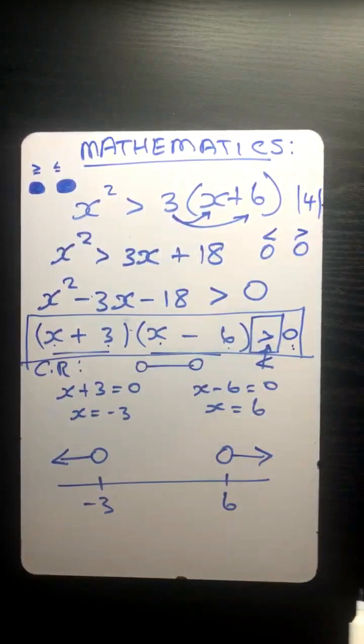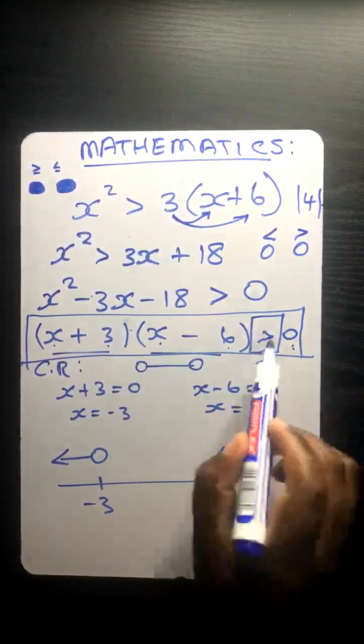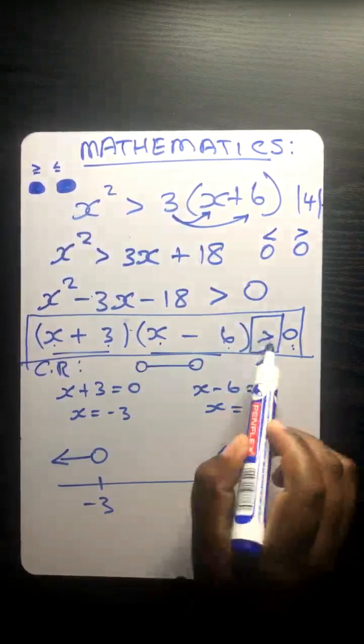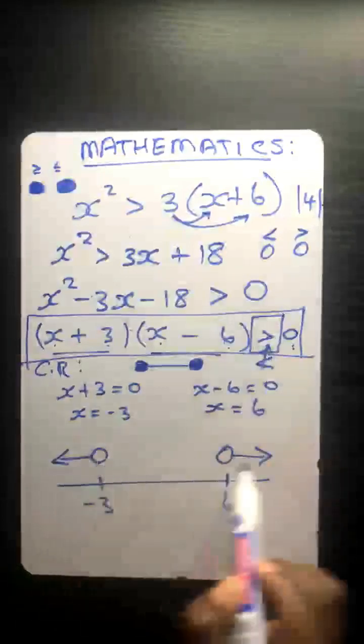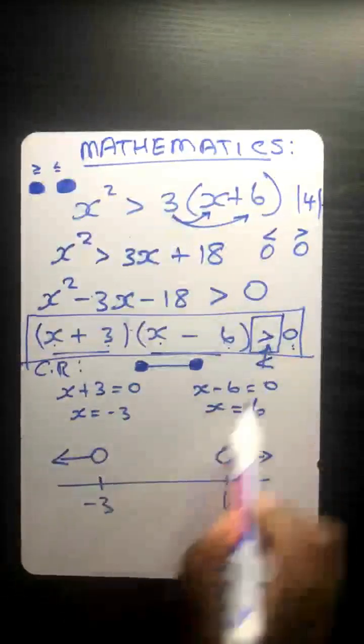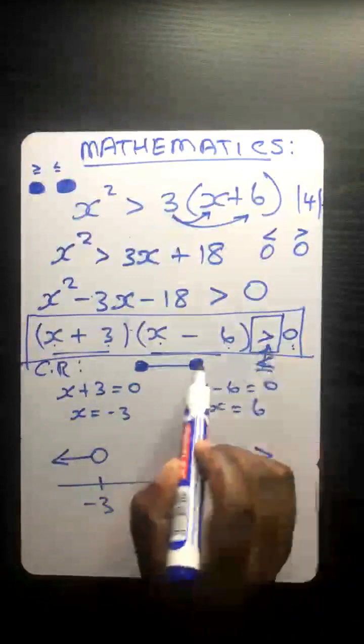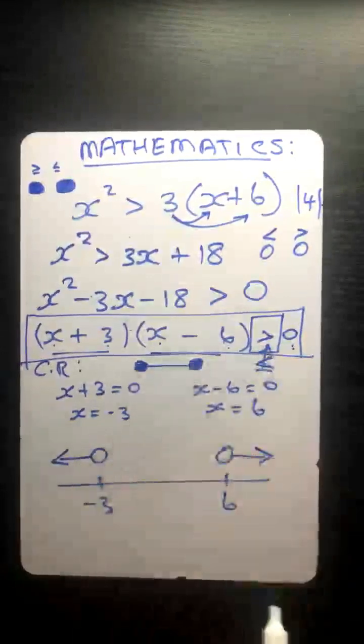That is the difference between the two. If it was greater than or equals to, then it's shaded. But because in this case it's just greater than, you just have those circles and pointing outwards. But if it was less than or equals to, shaded and joined.